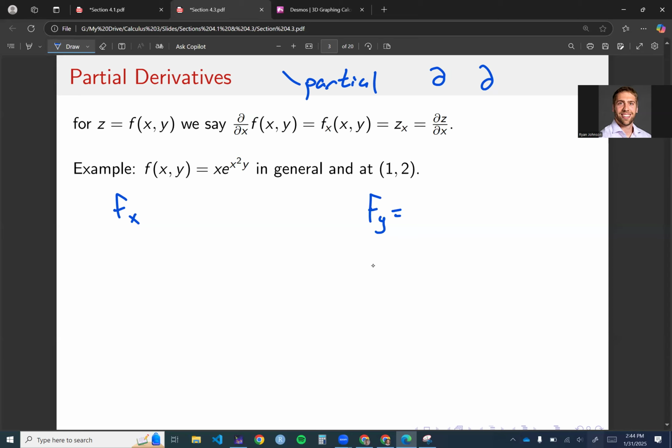When you take the derivative, you multiply by the scalar in here, like the chain rule. Let's do the chain rule backwards: e to the x squared y times x squared because of the chain rule. So it's x cubed e to the x squared y. Okay? Now you guys do f_x and realize you need to do the product rule.